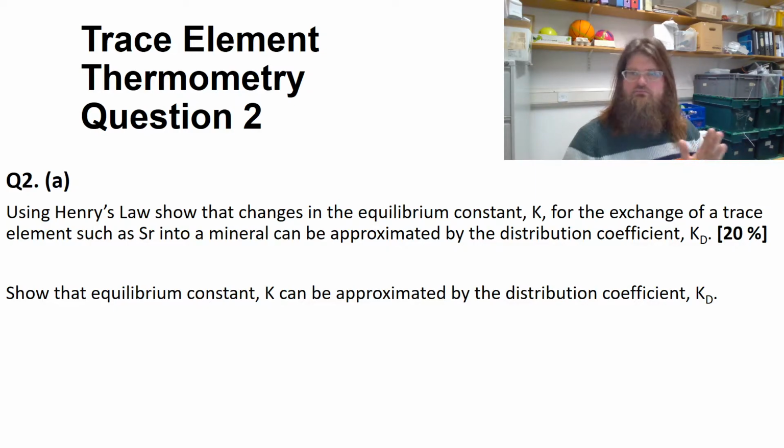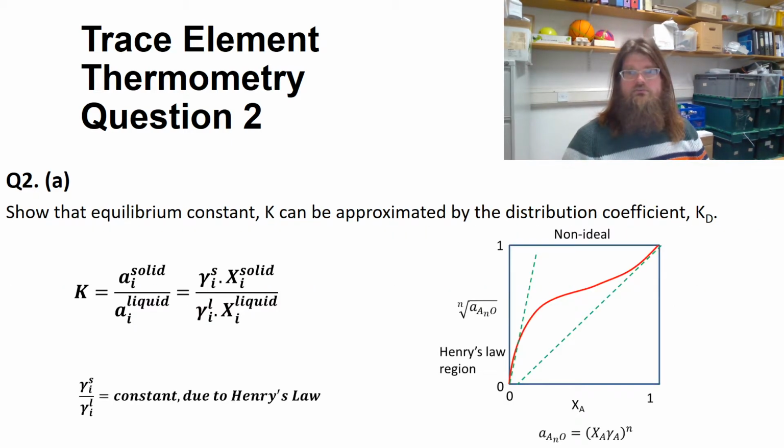Can we use KD, which is a thing that we can measure? It's the ratio of the concentrations of the elements in the mineral and in the fluid. Can we use that to approximate the equilibrium constant? That's the activity of the elements in the two phases, which is something that we cannot measure.